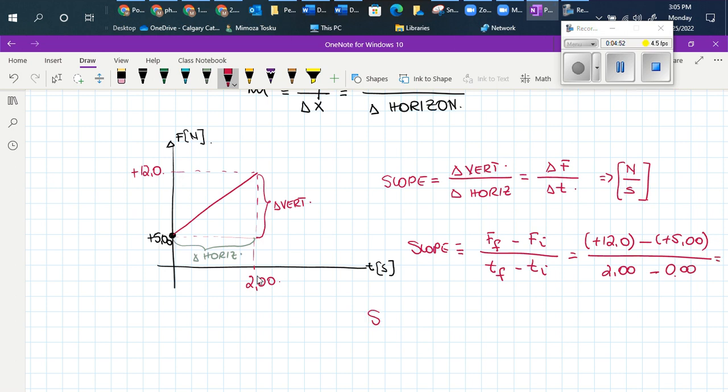So the slope of this line, even mathematically, will be positive, because positive 12 minus 5 is positive 7 over 2, or positive 3.50. And the units of this slope are newtons per second.